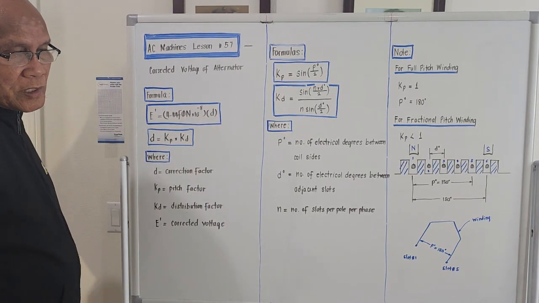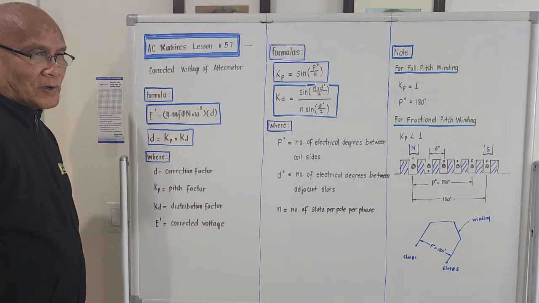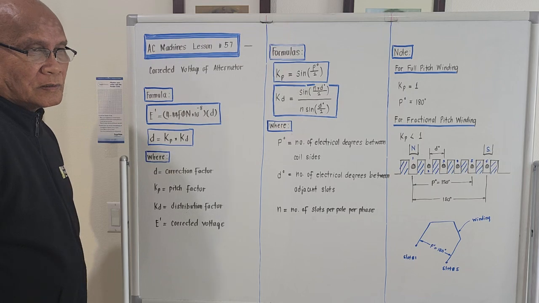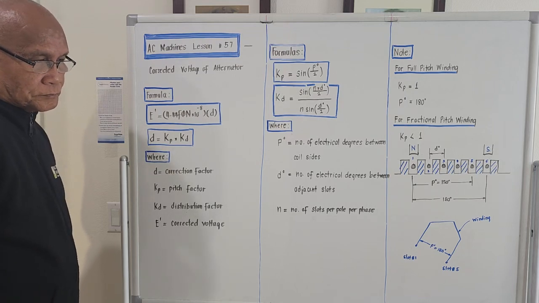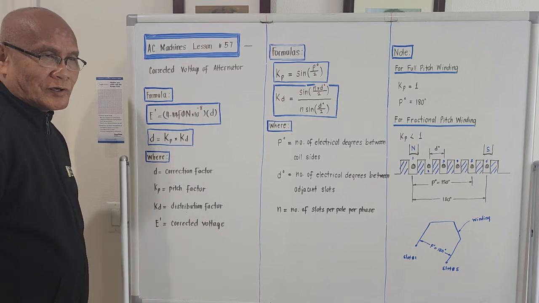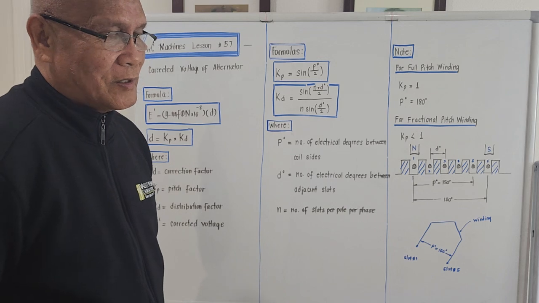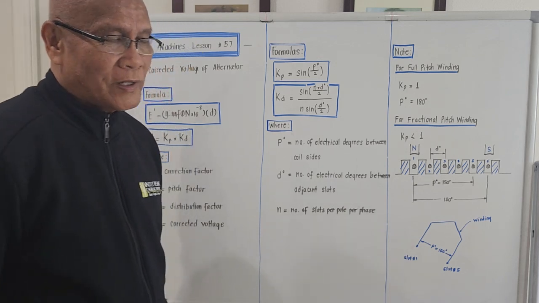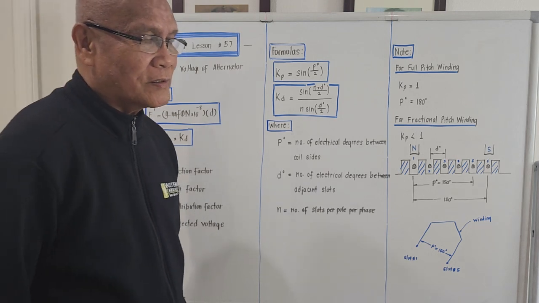The computed generated voltage is just the theoretical value, but there are some factors which affect the value of the generated voltage. Like ourselves, we could not give ourselves a 100% efficiency. So for machines, it's also like that.